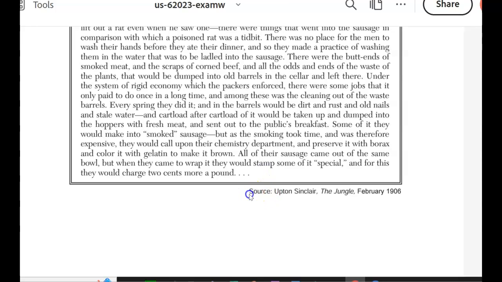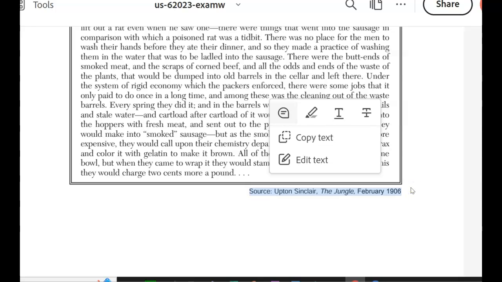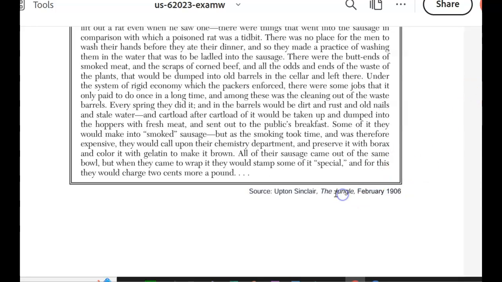Okay, now the source here, again, always look at the source. Upton Sinclair, The Jungle, 1906. That should trigger you. You should see The Jungle and remember that. Very famous, right? Upton Sinclair was one of the muckrakers.